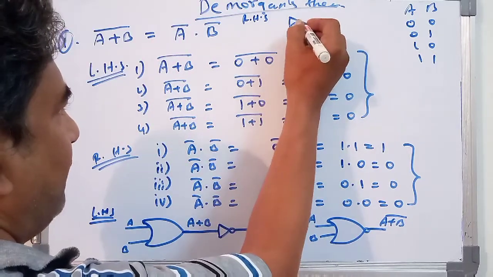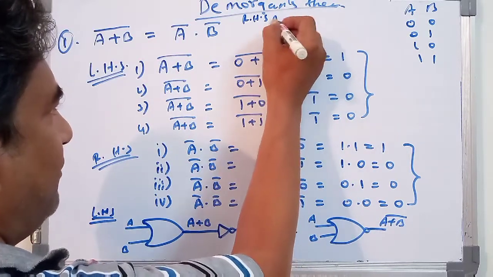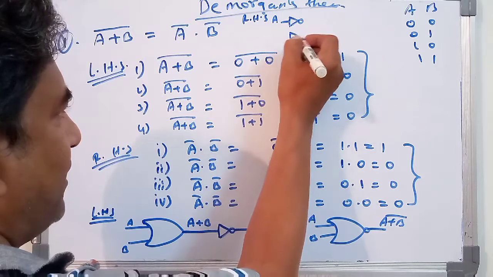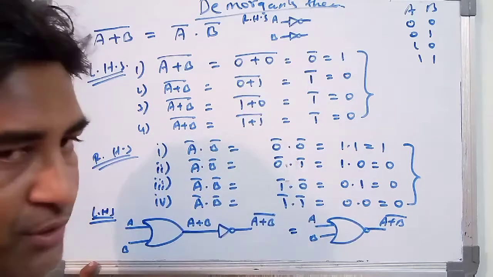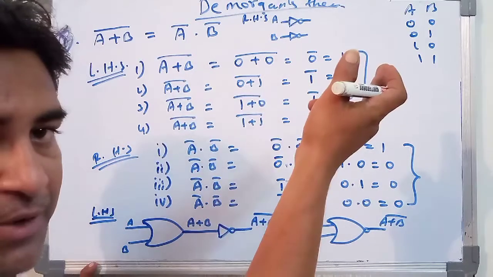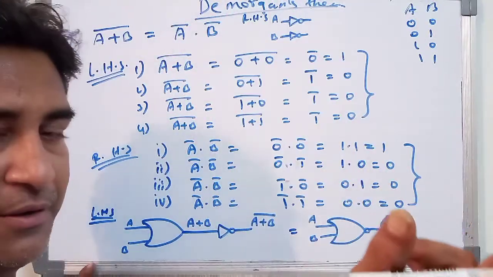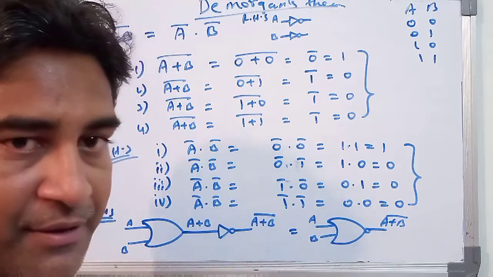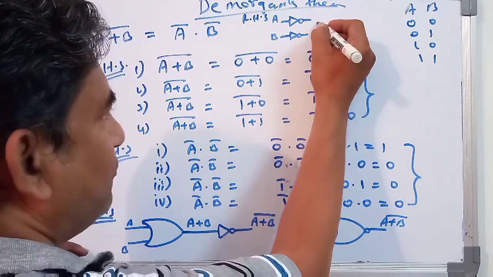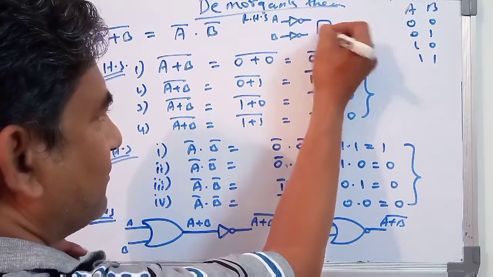Consider the first inverter like this, you write down the A. Consider the second inverter, you write down the B, and these two will be multiplied, and the multiplication gate is nothing but an AND gate, and this AND gate has to be connected like this.